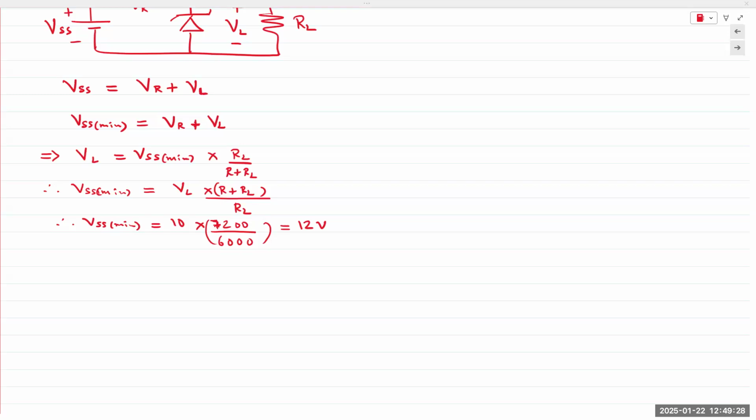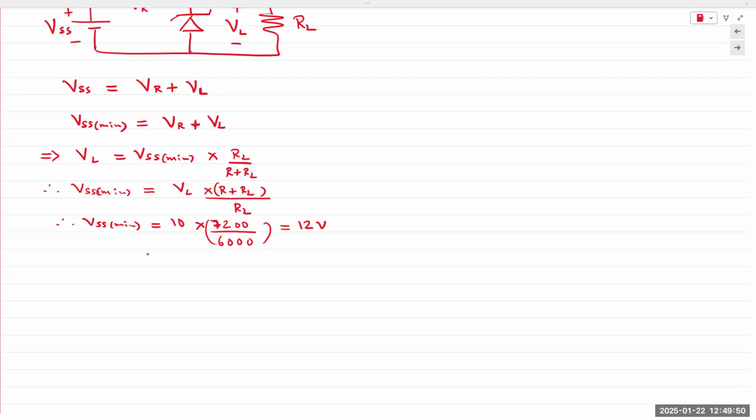According to these specifications, your supply voltage must be a minimum of 12 volts. If it's 12 volts, 2 volts drops across R, the rest of it, 10 volts, goes to the Zener and load resistor. Okay. So that's the minimum value of the supply voltage coming from the input.